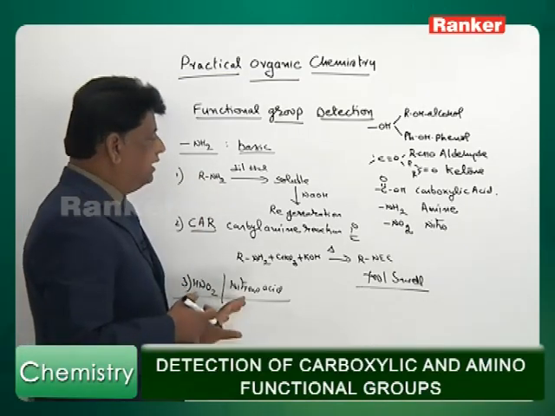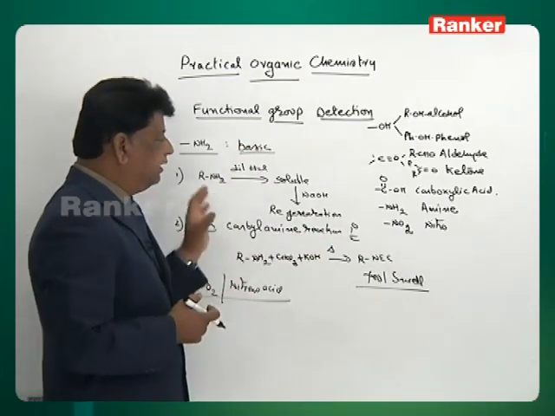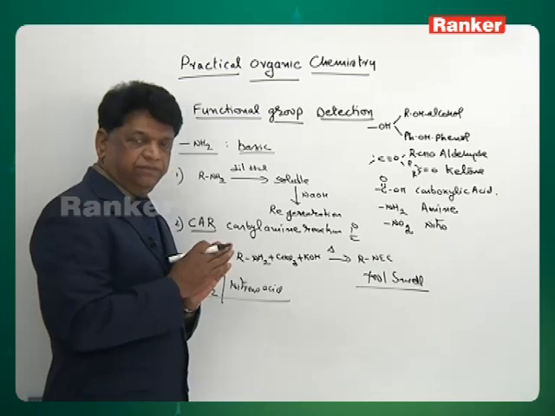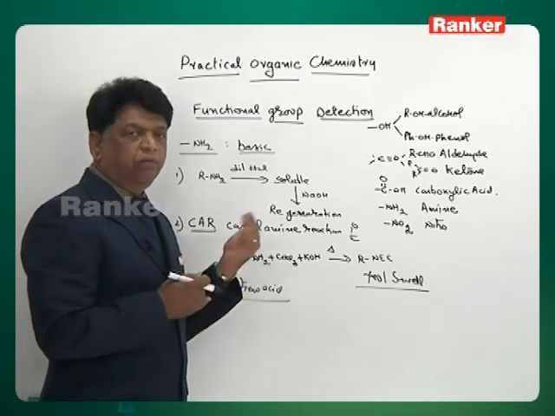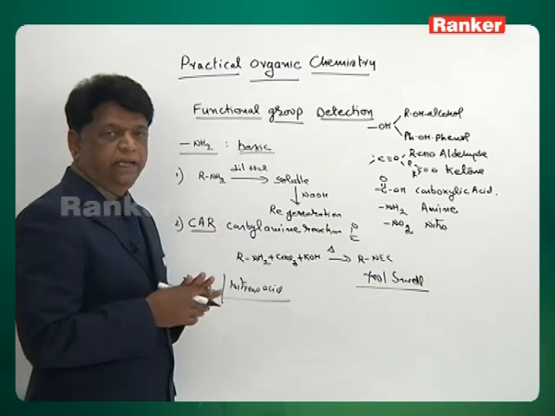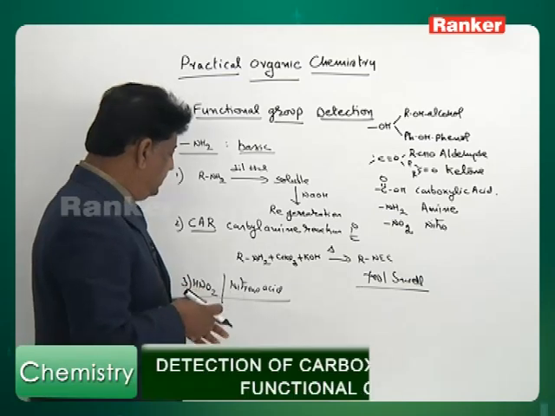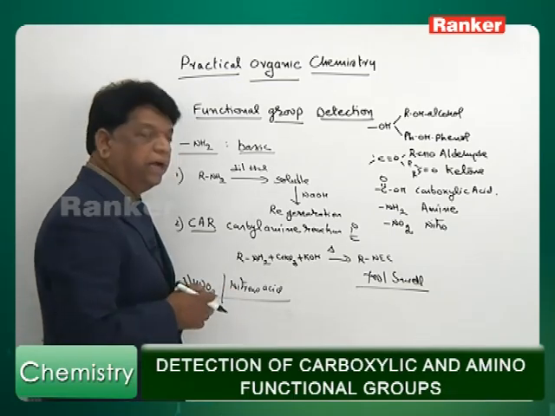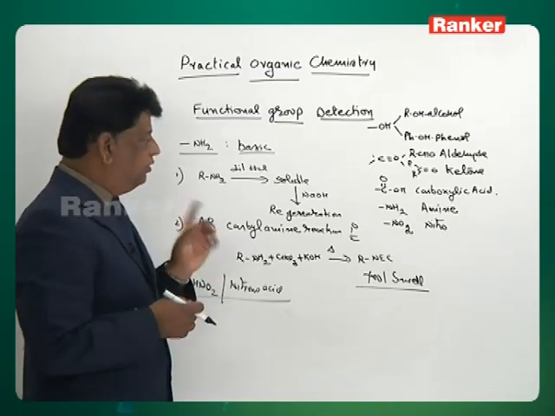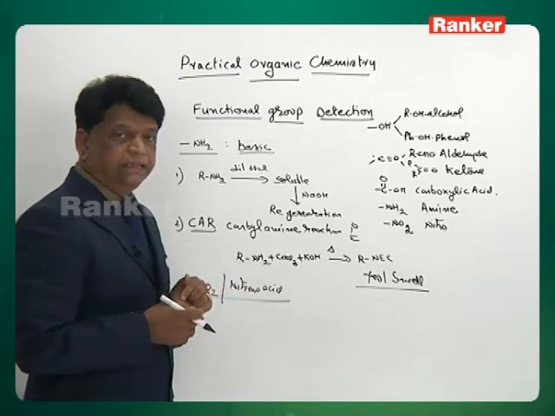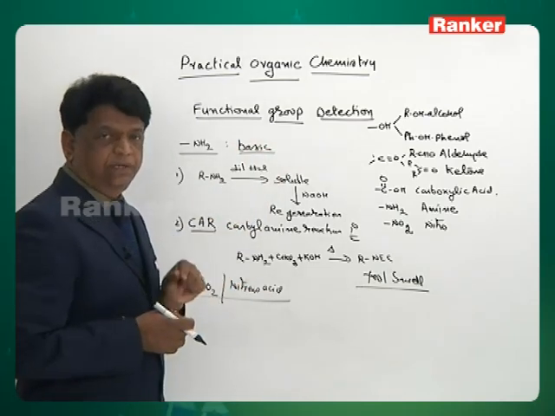Let us have a detailed discussion, leaving the nitro group aside. First, let us take that amines can be classified into 2 types, aliphatic and aromatic. In the aliphatic, 1 degree, 2 degree, 3 degree. In aromatic also 1 degree, 2 degree, 3 degree. All these 3 amines are going to react with nitrous acid, that is HNO2, in a different way. Therefore, this differentiating test works not only for amines versus other compounds, but within the amines also it is possible.